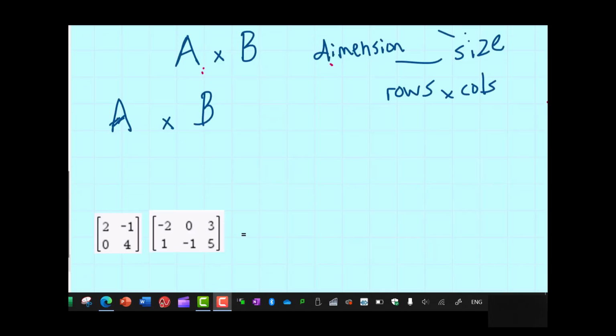So looking at matrix A times matrix B, we need to look at some natural number times some natural number in terms of describing the dimension of each matrix. So if we say matrix A has dimensions m by n, so m rows, n columns, and B is n by p, that's a way of describing the number of rows and the number of columns.